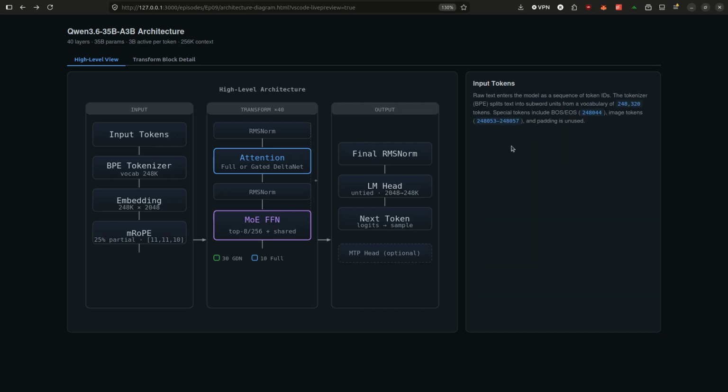Okay? So we saw this. We know from last episode that the input tokens are from a vocabulary of these many possible tokens. There are some special tokens involved as well. Your text is actually split into tokens by a BPE tokenizer. So basically all the text in English or other languages that this model speaks can actually be represented by this vocabulary of 248,000 odd tokens.